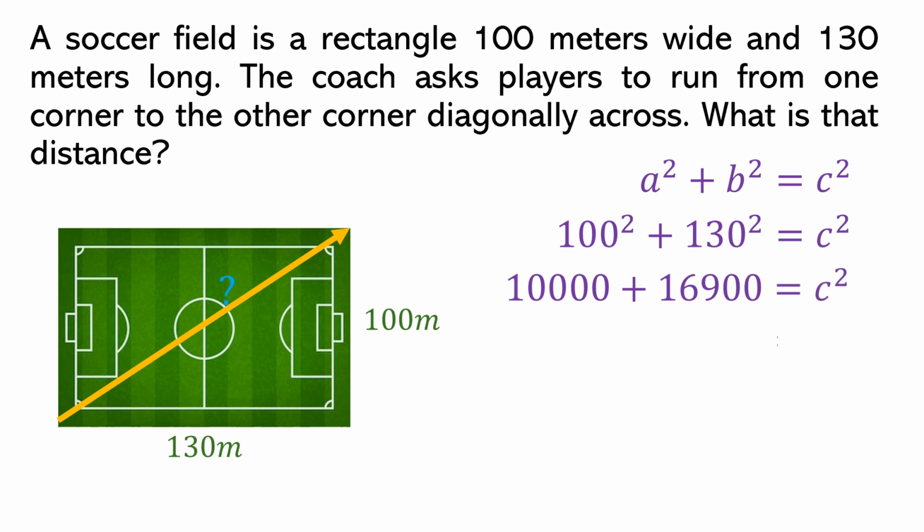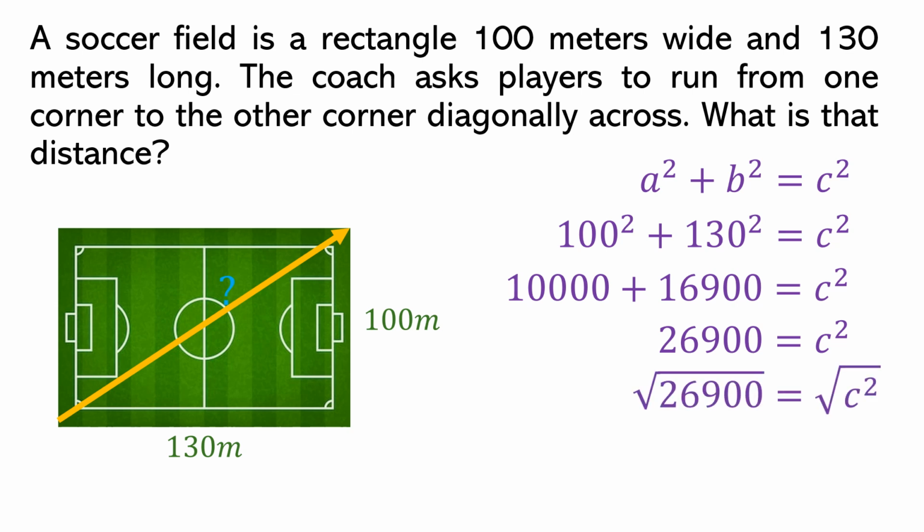Now we're going to combine 10,000 and 16,900. So it's added. That will give you 26,900. And then copy the c squared to the right side. Now to remove the square, we're going to take the square root of both sides, so that the c squared will become only c, since the square is being cancelled because of the square root.